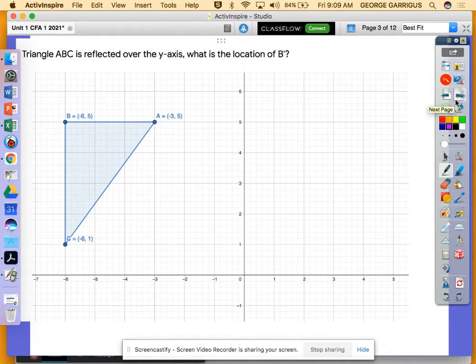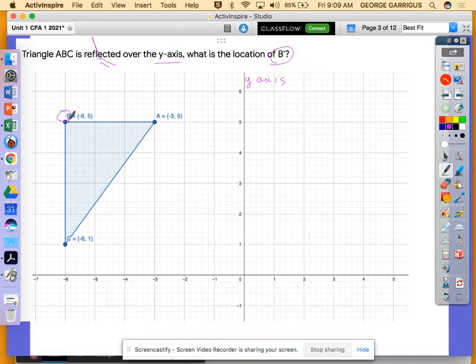Problem 2. Triangle ABC is reflected over the y-axis. What is the location of your B prime? So here's B, and your y-axis is here. We want to reflect over that.